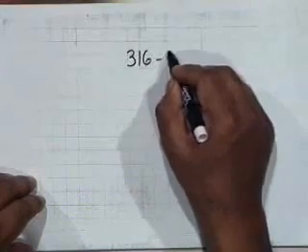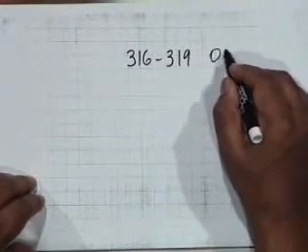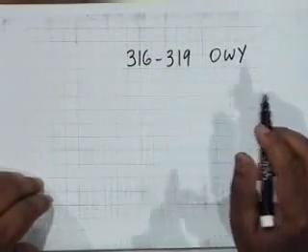Now, the solution of this problem, in fact, such a problem has been solved in the class. If you refer to pages 316 to 319 of Oppenheim, Willsky and Young, it has been solved.